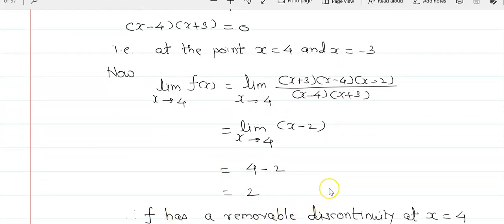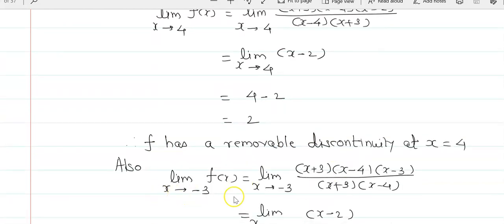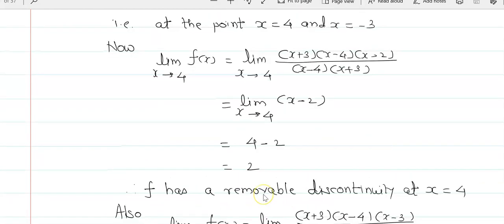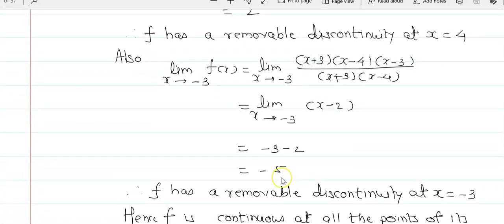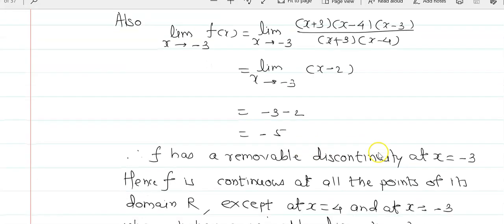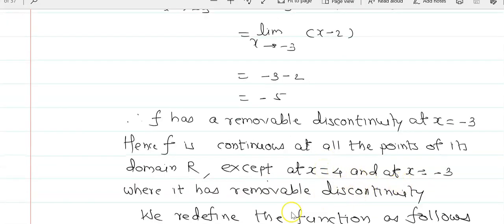F has a removable discontinuity at x is equal to 4. Also as x tends to minus 3, where the denominator becomes 0, we have the value minus 5, the limit of the given function is minus 5. F has a removable discontinuity at x is equal to minus 3, hence f is continuous at all points of its domain R except at x is equal to 4 and at x is equal to minus 3, where it has a removable discontinuity.